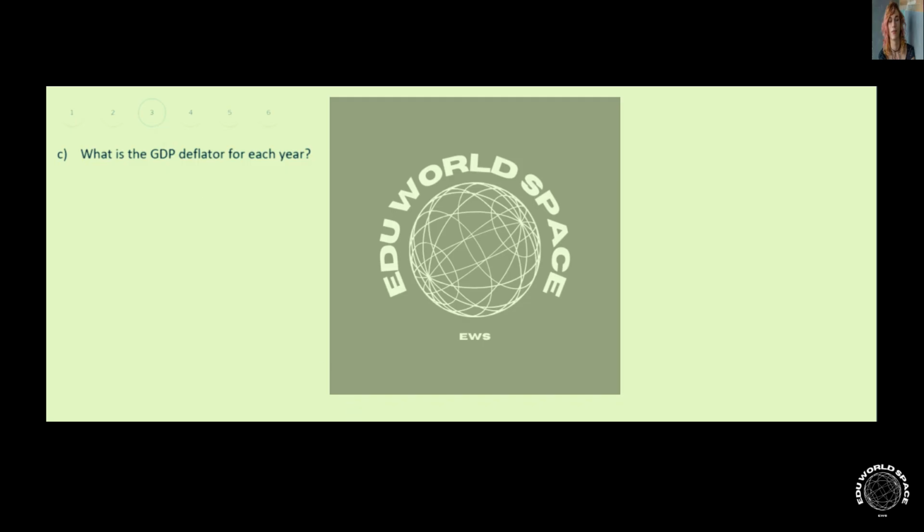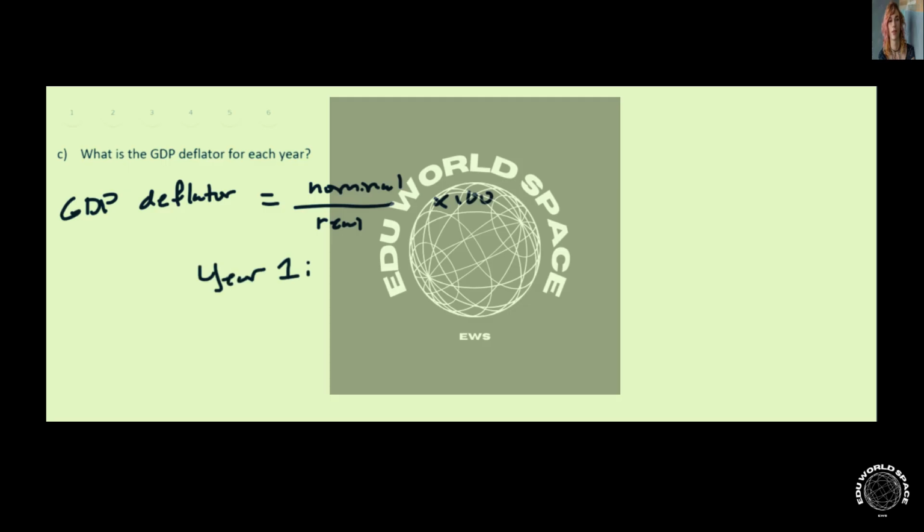The third part of the question then asks us to calculate the GDP deflator. And remember that the GDP deflator equals nominal GDP over real GDP times 100. And so the year 1 GDP deflator is nominal GDP over real GDP times 100, which equals 100.